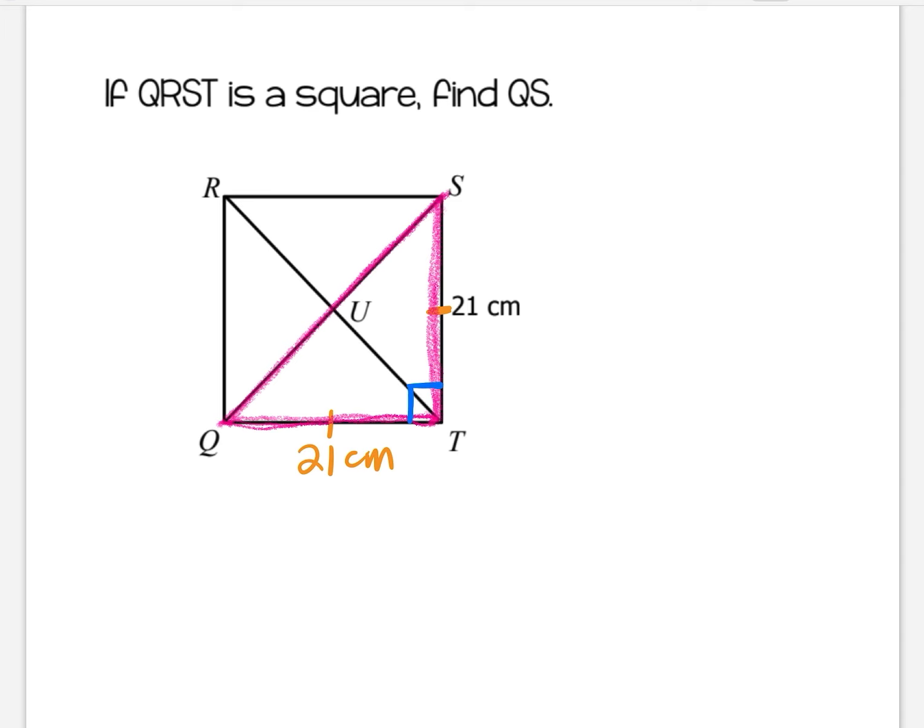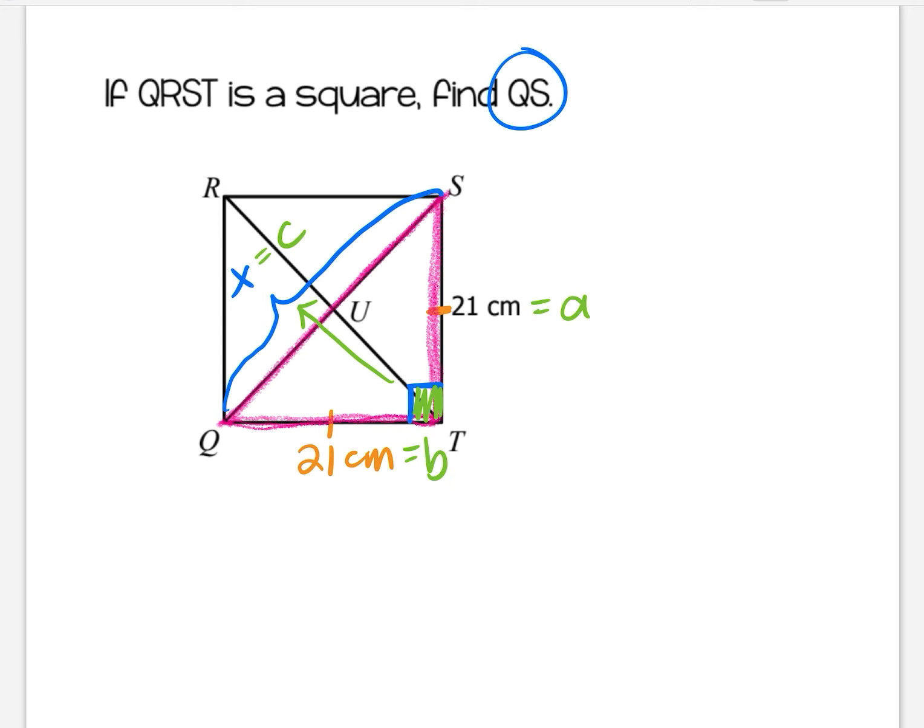So in finding QS, which is the unknown, I'm going to make this whole length here, which we don't know, our x. And that x is opposite of the right angle. Because it is opposite of the right angle, that happens to be our C value, the longest side, the hypotenuse. So our A and B values are both 21.